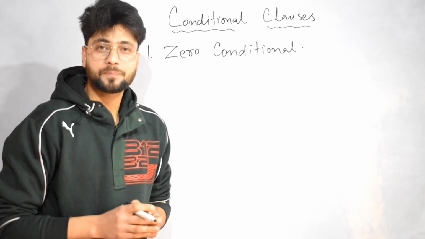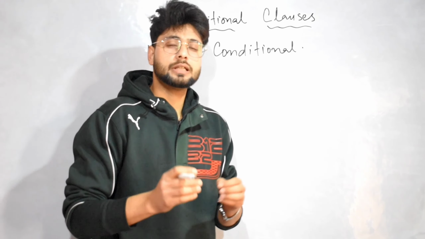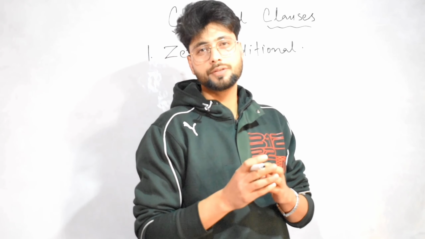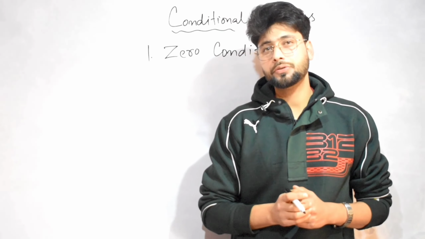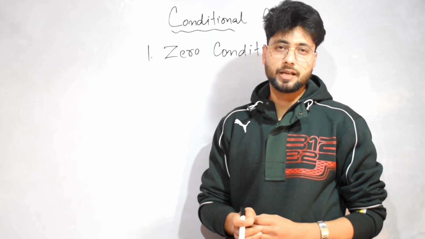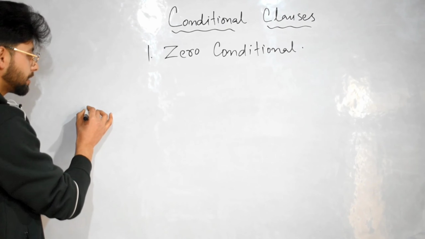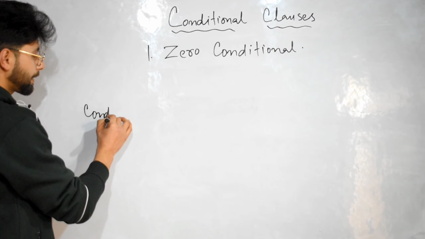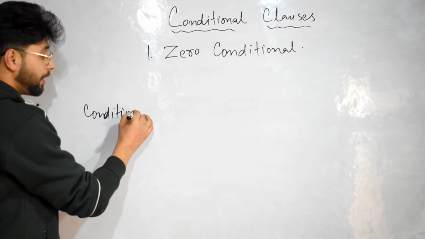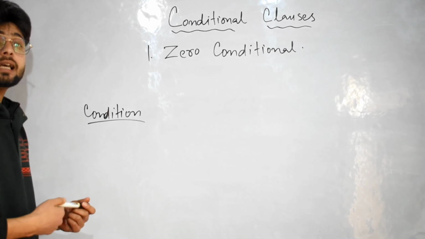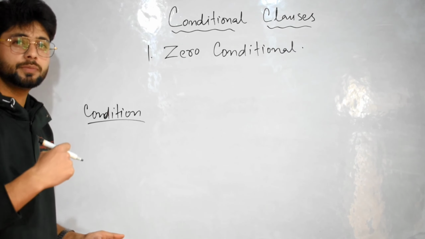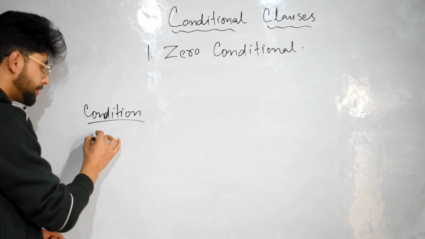Zero conditional. Well, zero conditional describes the situations which are always true if the condition is met. What I mean to say is that if I provide a condition, then the outcome, the consequence of that condition will always be true.